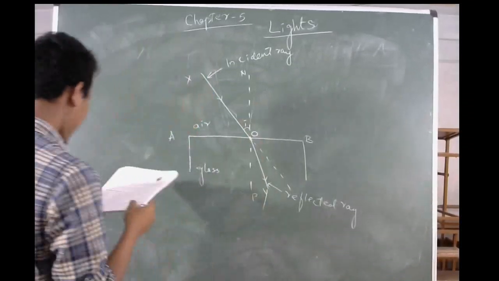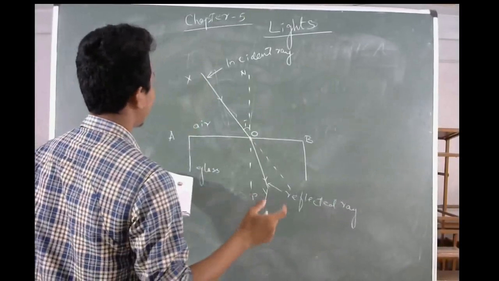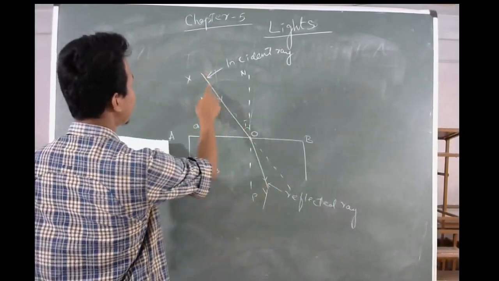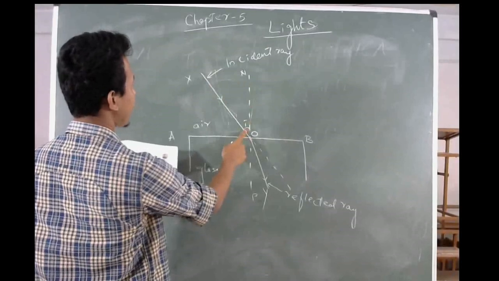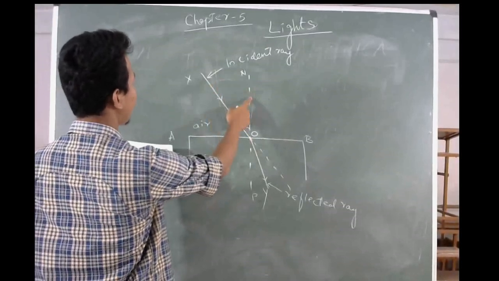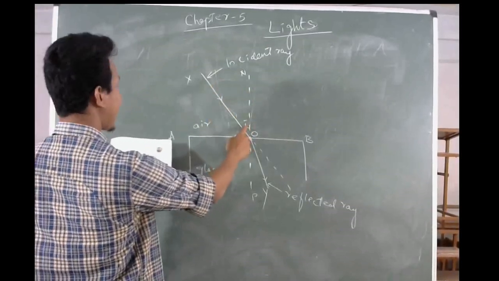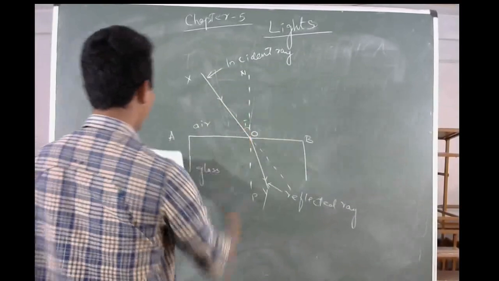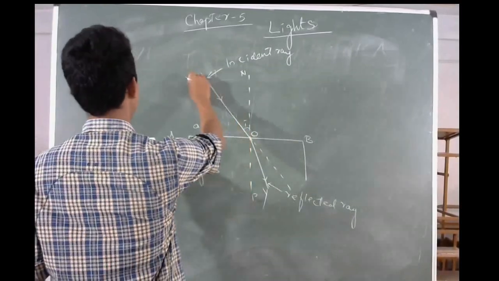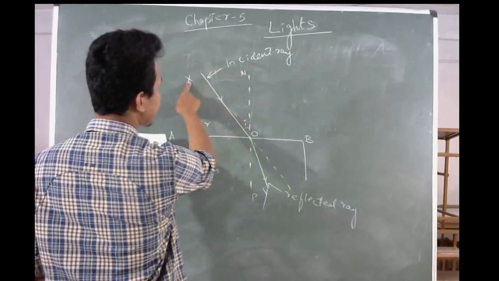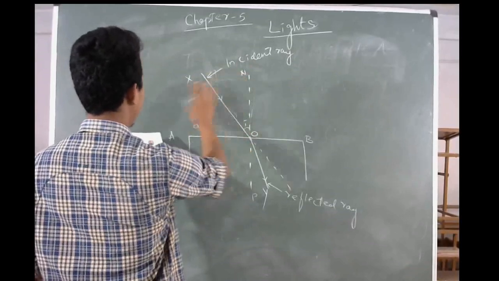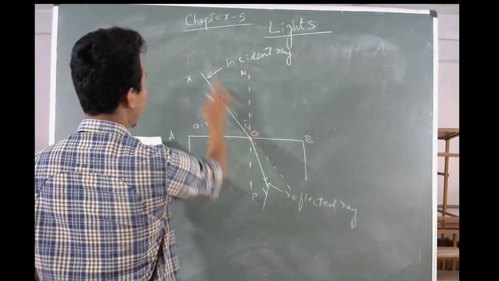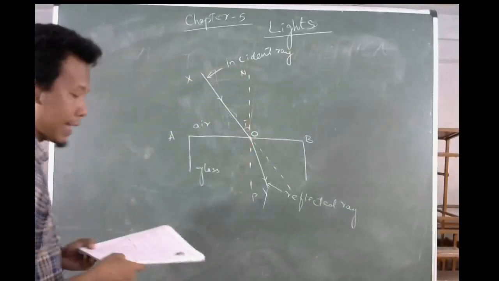It is the angle between the incident ray and the normal, that is angle XON. This particular angle is known as the angle of incidence.